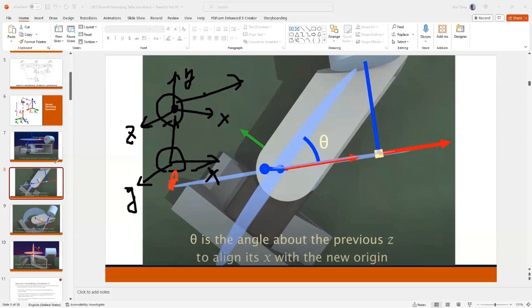I'm sorry, the Y direction on frame 0 should be in this direction. So theta is an angle that you move along the axis from here to here. Your base changes by some angle, and that is theta. So that's the rotational theta that you would have.